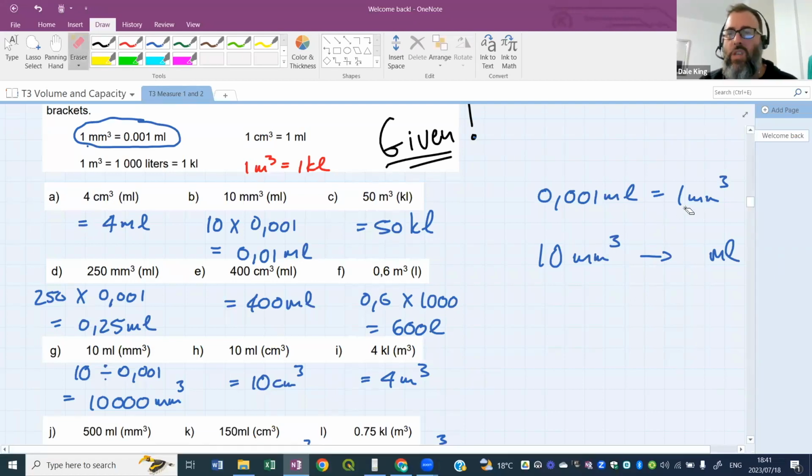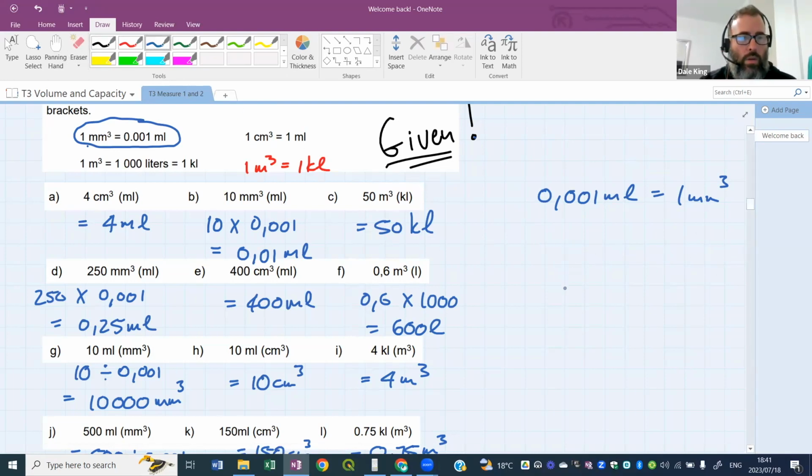Now, that's going from the right-hand side, from the millimeters cubed to the smaller unit there. Now I'm going to take the other question, which was 10 milliliters, and I need to go to millimeters cubed.